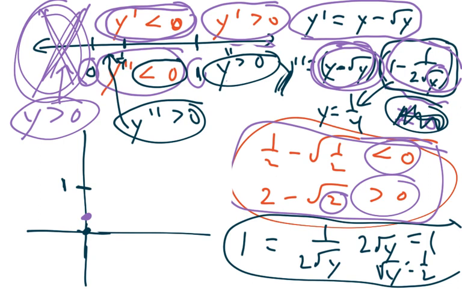So that means between 0 and 1/4, I know it's going to be going down, but it's going to be concave up. I mean, how can it go down and concave up? So, crap. It's going something like this. Damn it.